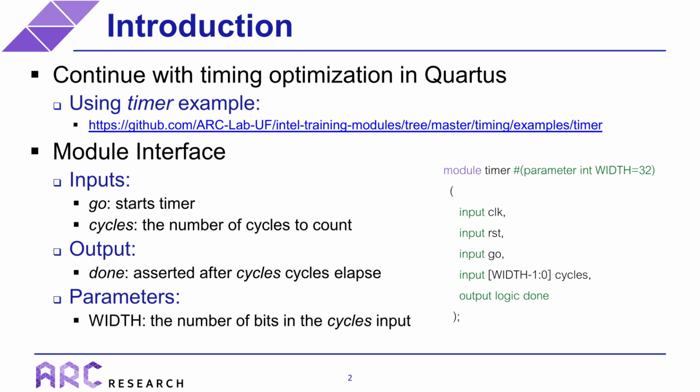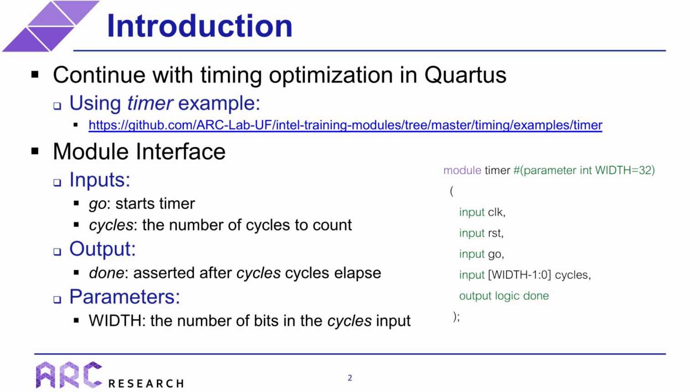So before we get into the optimization of this timer, I'll briefly explain the functionality that we will be working with. The corresponding SystemVerilog module is shown at the bottom right of the slide, where in addition to the clock and reset signals, the timer also has a go input that is used to start the timer, along with a cycles input that specifies the number of cycles to count.